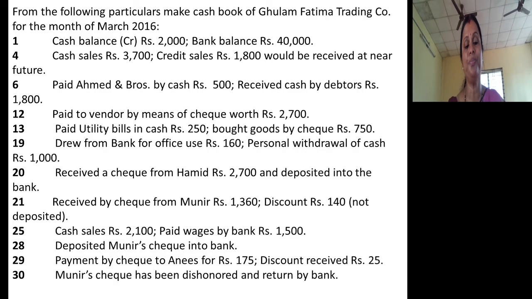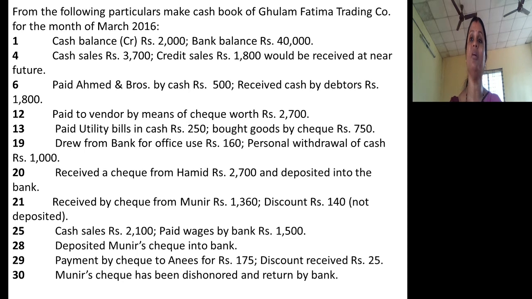So next one, what is that? Deposited Munir's check into bank. So Munir's check, when it was received, it was not deposited. Today you are depositing. When you deposit, you treated Munir's check as cash received. Now when you deposit the check, cash gets reduced. Bank balance increases. What's the journal entry? Bank account debit to cash account.